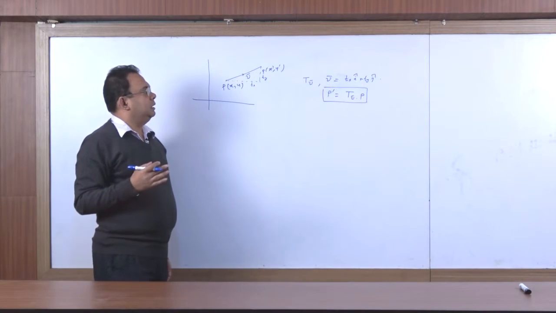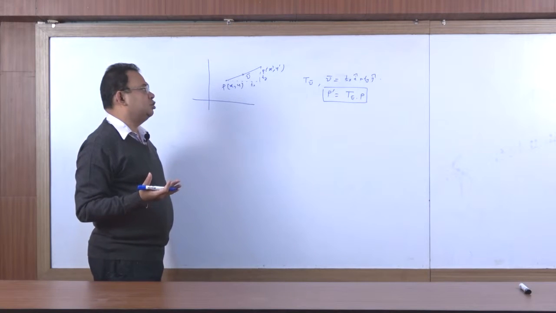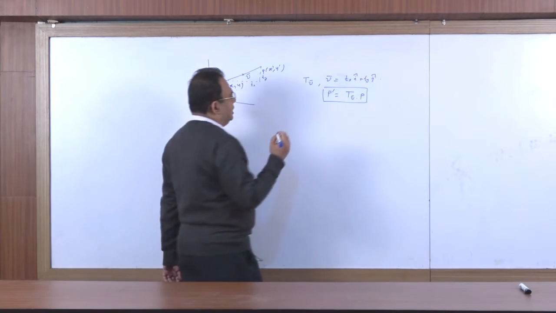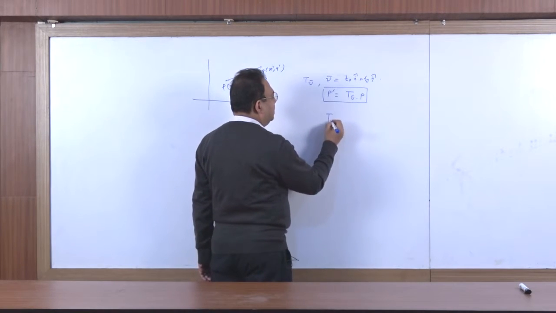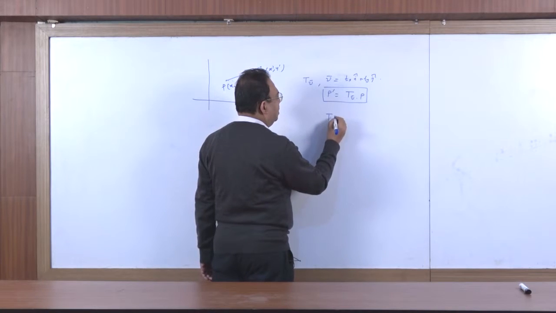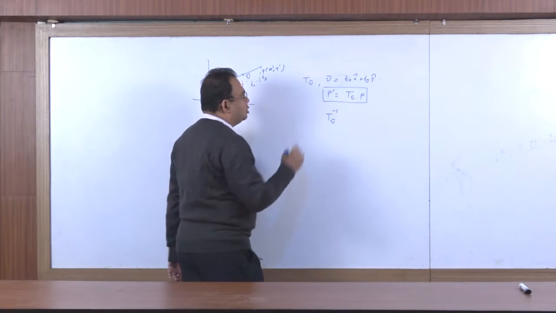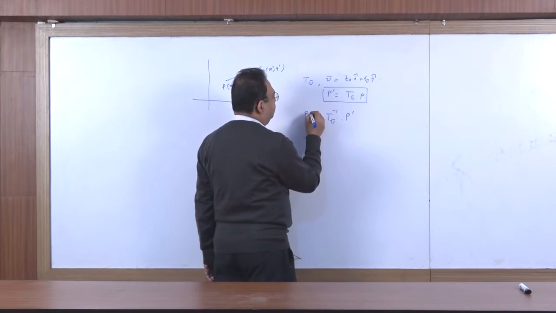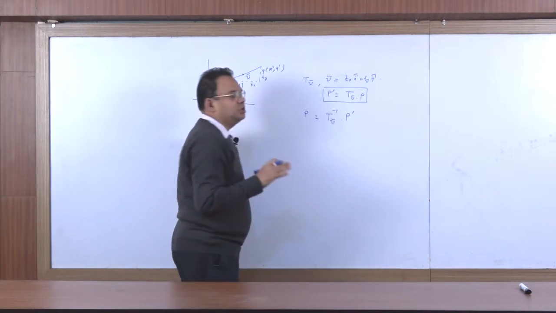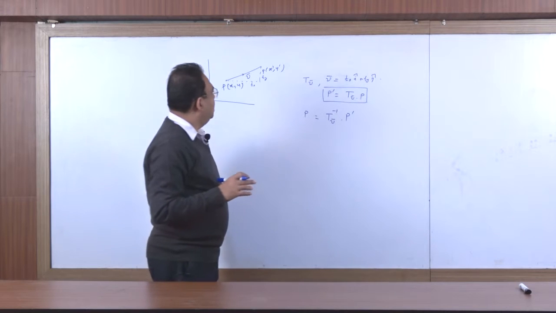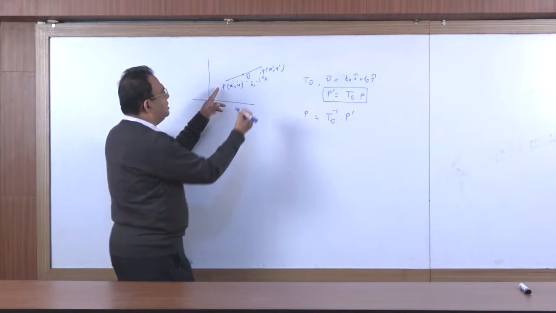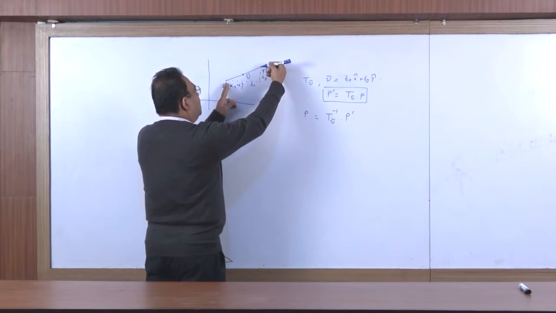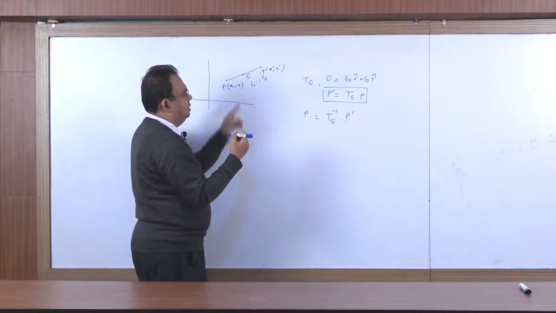So the inverse translation will be such that if this inverse translation, T v inverse, is operated on P dashed, then we will get back P. So this is the inverse operation. In this case, the inverse operation is nothing but the translation opposite to v.